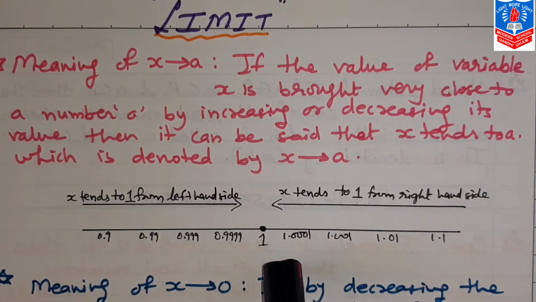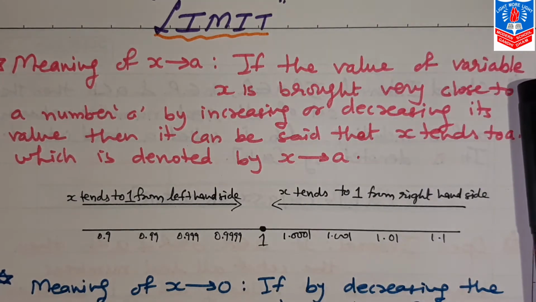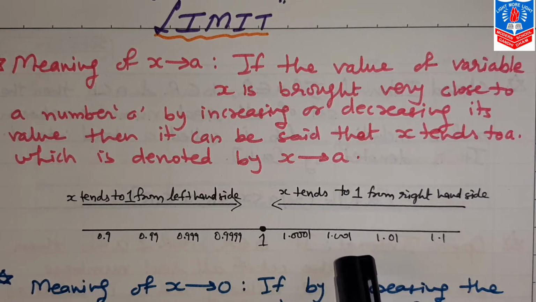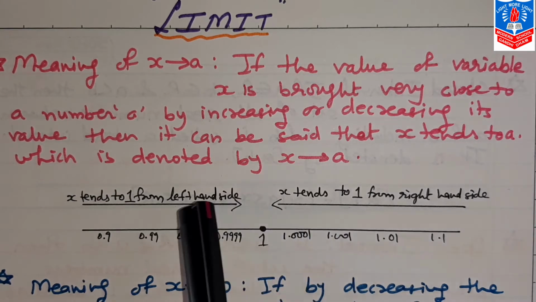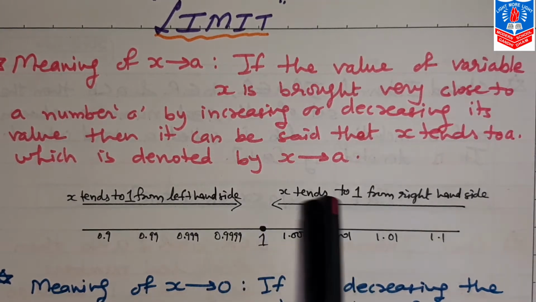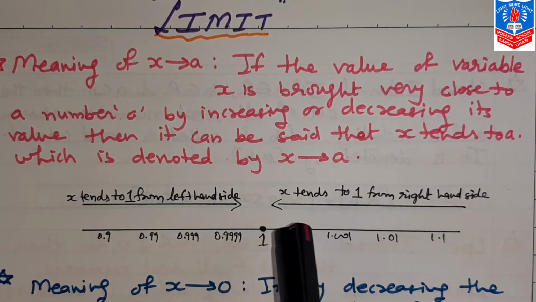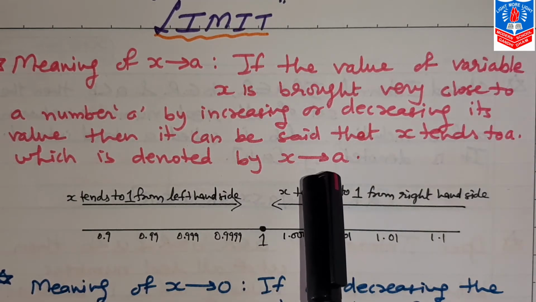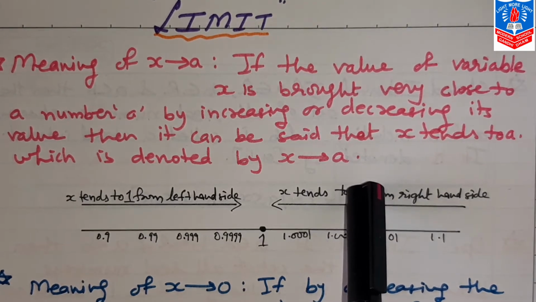Same way, greater than 1, that is on the right hand side, values increase and on the left hand side values decrease: 1.0001, 1.001, 1.01, 1.1 and so on. So on both sides, in increasing form or decreasing form, when it tries to reach nearer and nearer to 1, that is called x tends to 1, or x tends to a in this case.